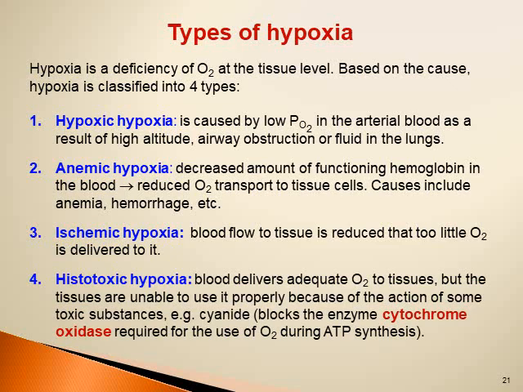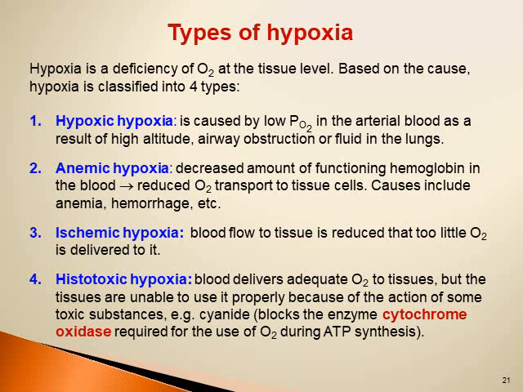Finally, histotoxic hypoxia. The blood that is delivered contains enough oxygen. There is enough hemoglobin to transport oxygen to the tissue. The flow to the tissue is perfect, so the oxygen that is delivered to the tissue is not reduced, but the problem is that the tissue is not able to use that normal amount of oxygen delivered to it.